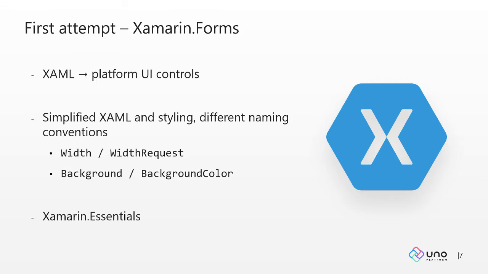On iOS, it will be a UIButton, and it will perform and look natively for the users, which is of course great, but there are some issues with styling and branding, because if you want your application to look great on the user's device, it should have some branding, it should have some animations and nice visuals, which is hard to achieve in Xamarin.Forms. You will need a lot of custom renderers and custom controls to make it happen and to make it look great on all platforms you are supporting.